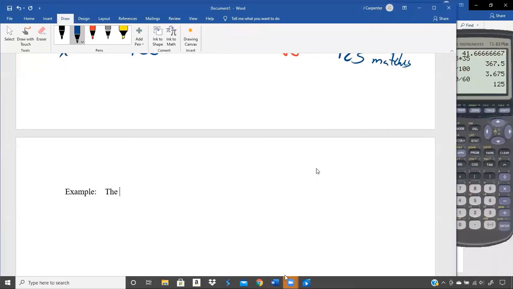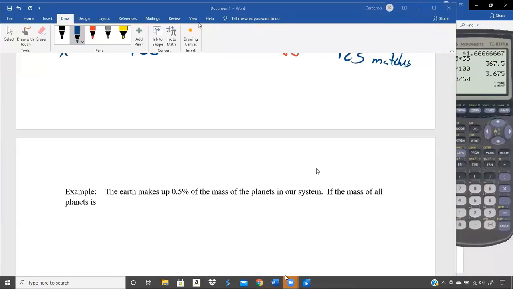Let's say the Earth makes up 0.5% of the mass of the planets in our solar system. The mass of all planets is, I'm sorry, you got to hold on a second. Give me 30 seconds.